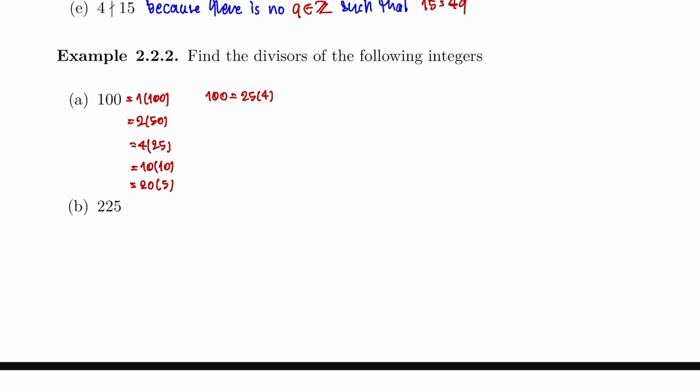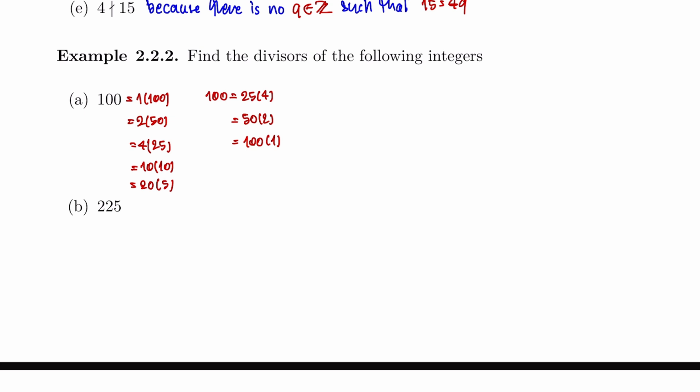And next is 50. 50 divides 100, because there exists the number 2 such that 2 times 50 equals 100. And if you divide 100 by 100, there will be 1 such that 100 times 1 equals 100. So these are all divisors.